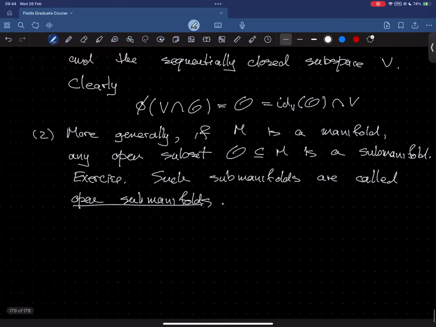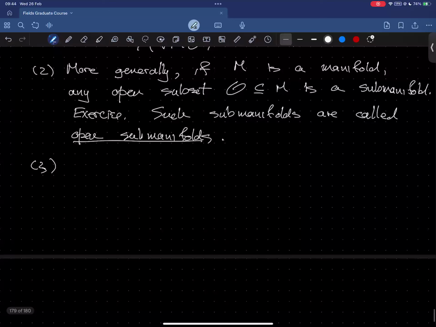Okay. All right, so those are two general but rather dull examples. Let me give you a very specific but still easy example, but at least one which isn't as degenerate as those ones. Okay. Let's look at S1.